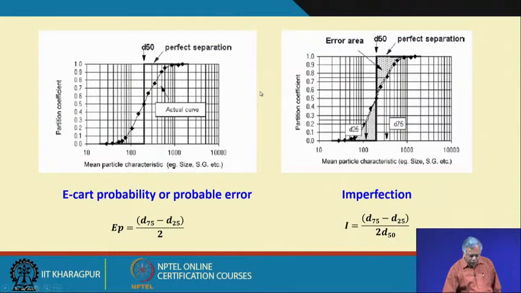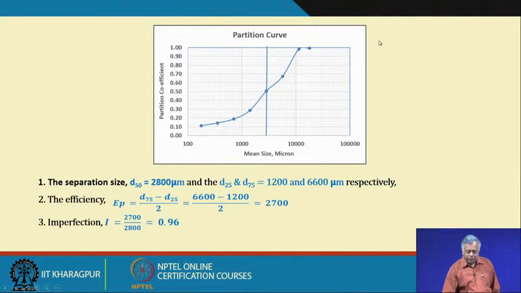The previous curve was not drawn based on the data given; this is the curve drawn based on the data given. Here the D50 is 2800 micrometers, the D25 is somewhere here, around 1200 micrometers, and D75 is somewhere here, which will give you a value of 6600 micrometers.